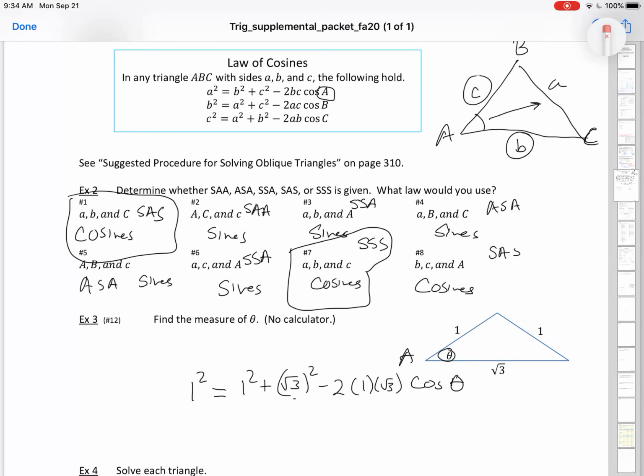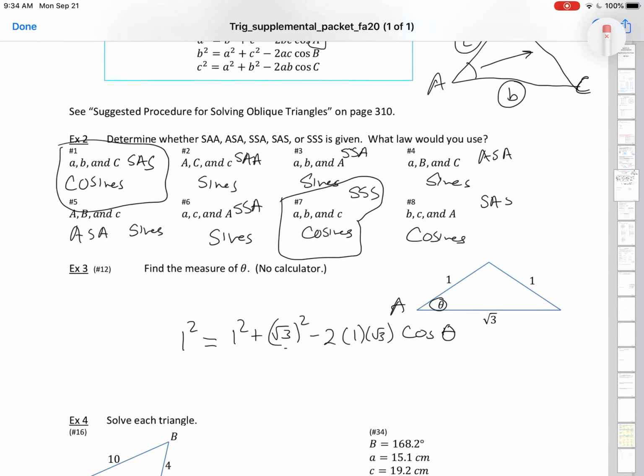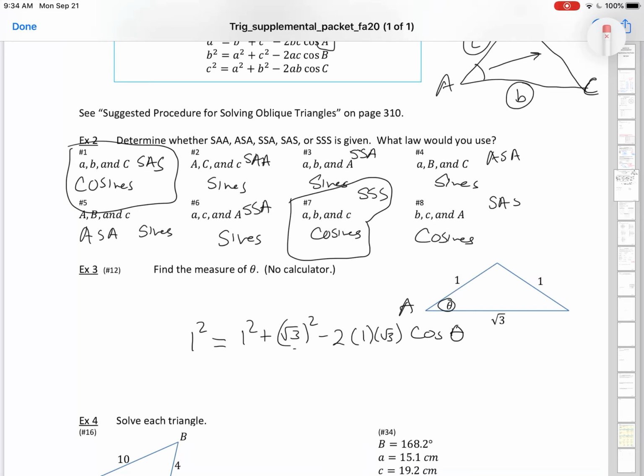Now, you could take the time to solve for cosine theta first, but we don't need to. So again, side opposite squared is equal to the adjacent sides squared minus 2 times those adjacent sides multiplied together, cosine. And so what do we have?